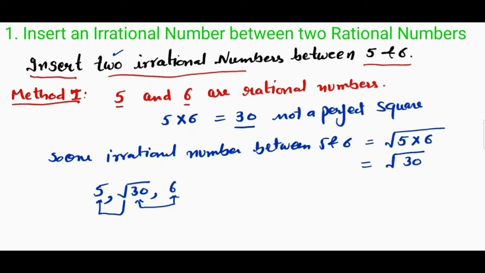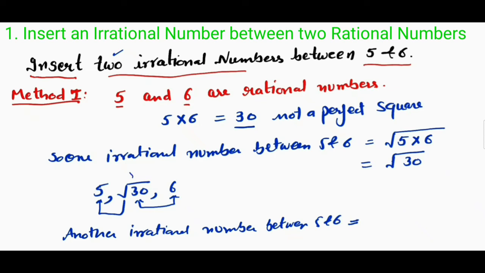So another irrational number between 5 and 6 will be, I'll take this combination, square root of 5 multiplied by square root of 30. So I can write this as fourth root of 5 square root of 30... Correct?